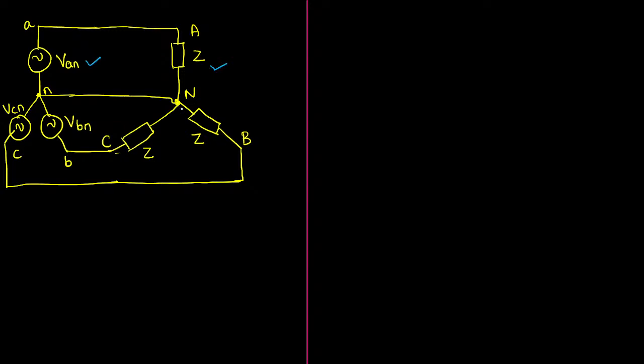They told that the line to line voltage is 208 volt, and the total real power absorbed by the load is 432 watts. The power factor offered by the network is also given as 0.6 leading.